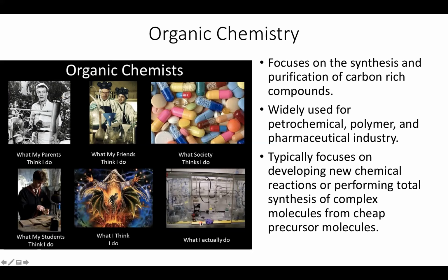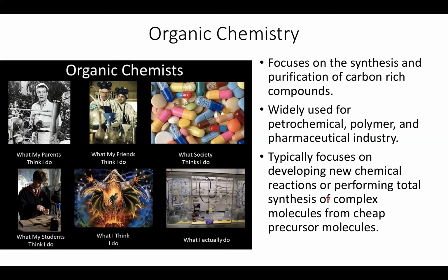So a lot of organic chemistry is focused on one of 2 major processes. First, how can I develop new chemical reactions that may let me make a new functional group or allow for a new functionalization of an old molecule? Preferably something that works under better conditions, cheaper, a lot of these things that industry loves.